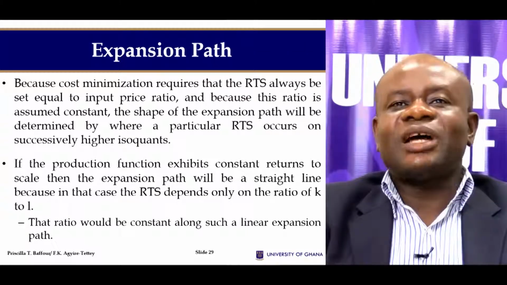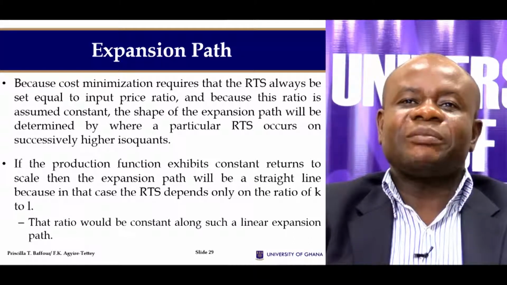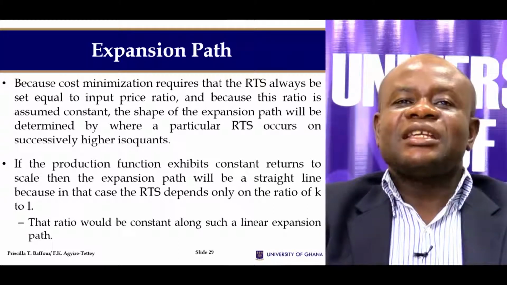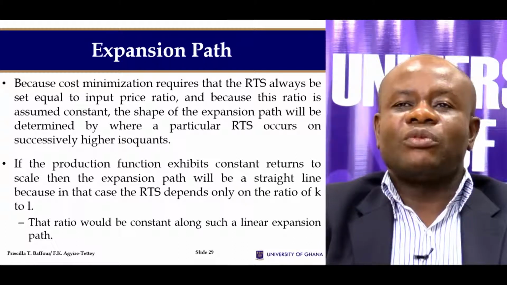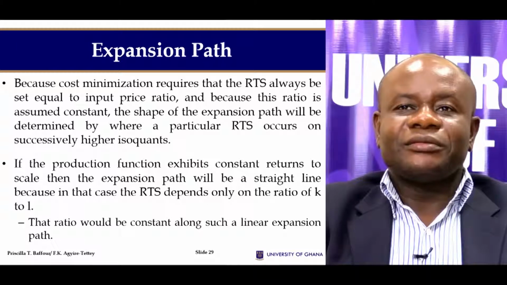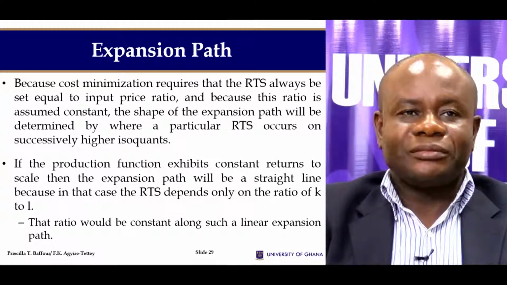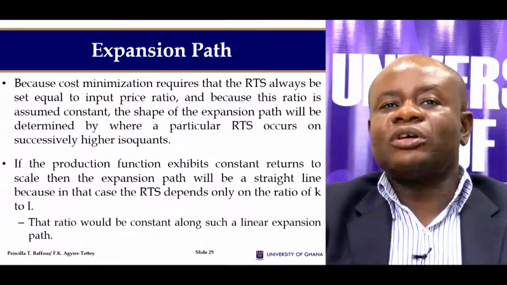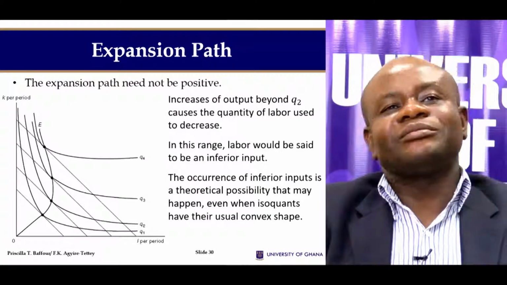If the production function exhibits constant returns to scale, then the expansion path will be a straight line, because in that case, the marginal rate of substitution depends only on the ratio of capital to labor. That ratio will be constant along such a linear expansion path.